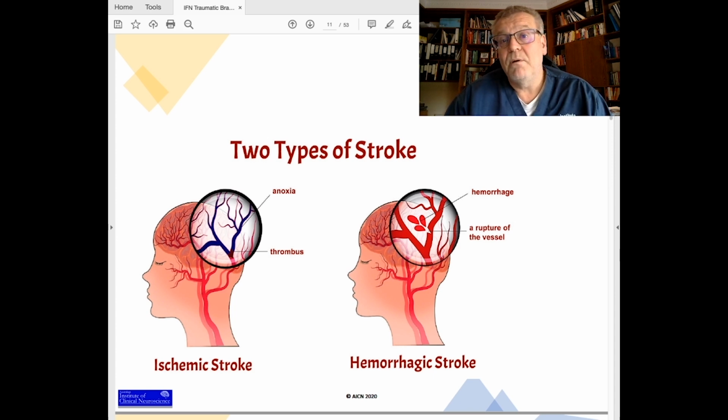Now, the hemorrhagic stroke is slightly different, because now it's a break or an escape of blood from the arteries, usually the result of an aneurysm or possibly a torn artery. The difference here is that there is a different mechanism of injury that's also involved, and that's that the escape of blood from the artery can damage the brain tissue surrounding it.